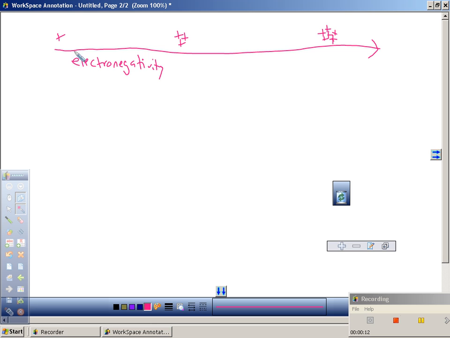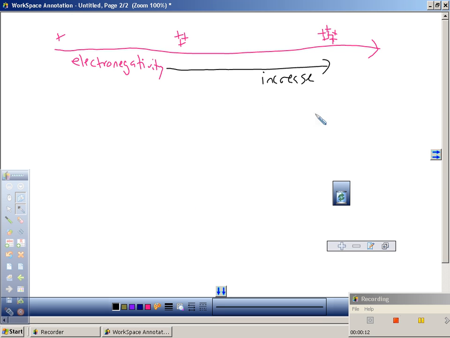Just looking at this, which one do you think would pull the electron with the greater strength? Well, obviously, if I have 6 protons pulling versus 1, this is going to be a stronger atom. Strength, electronegativity, we're going to use those interchangeably. So our electronegativity as we go across is increasing. The strength is increasing.